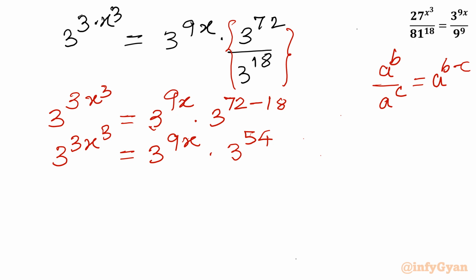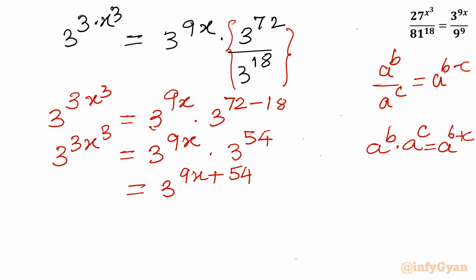Now I will write another property: a^b times a^c can be written as a^(b plus c). So I will add here in RHS, 3^(9x plus 54), and left hand side is 3^(3x³).